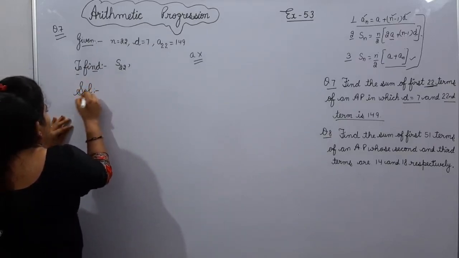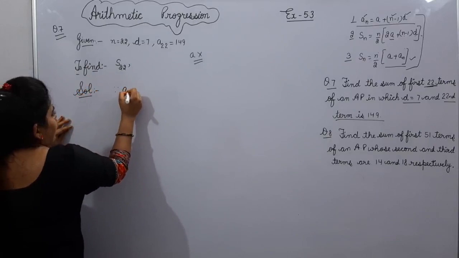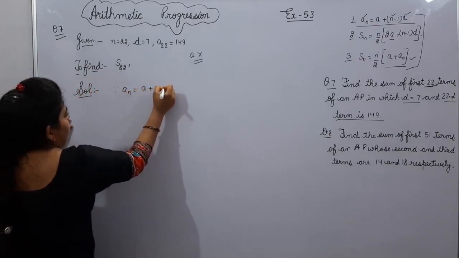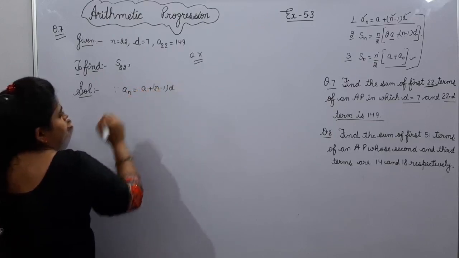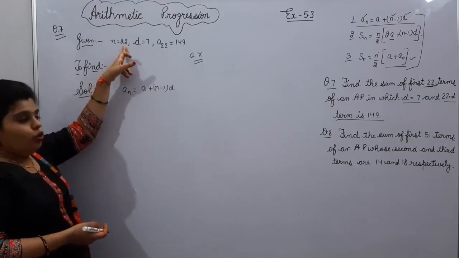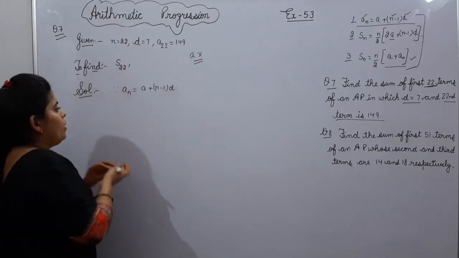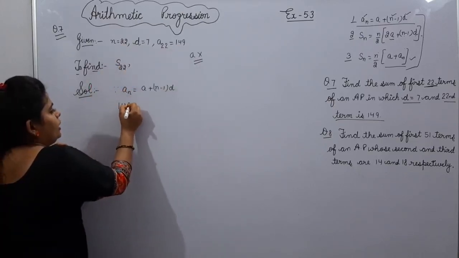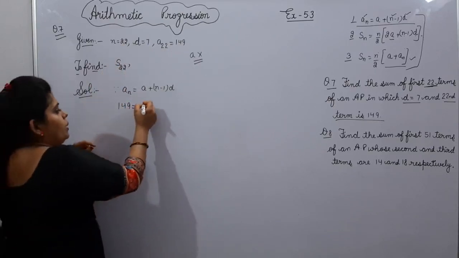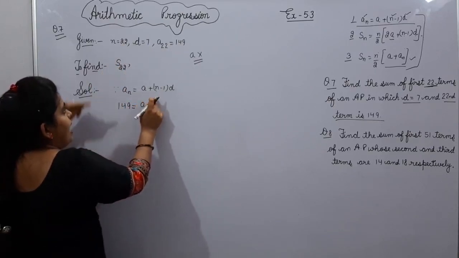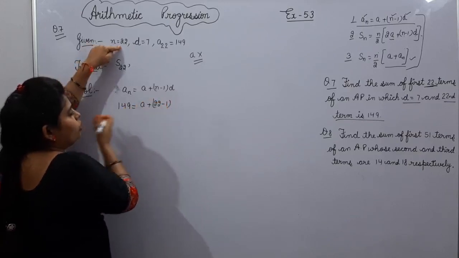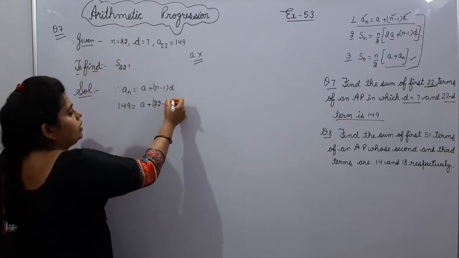Solution: because an is equal to a plus n minus 1 into d. What is the value of an? And n is 22, means a22 is 149, is equal to a, which we have to find, plus n is 22 minus 1 into d is 7.